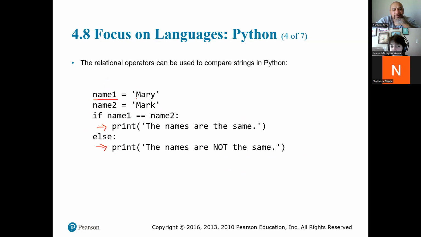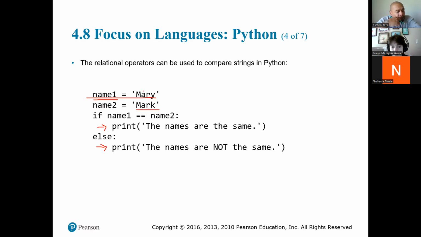Because we have Mary and we have Mark, what Python will do is take each character and check it with the other character. So for example, we have here name1 equals name2, so Python will look, okay, this is name1, this is name2, we found the locations, and then it would compare the first character to the first character.